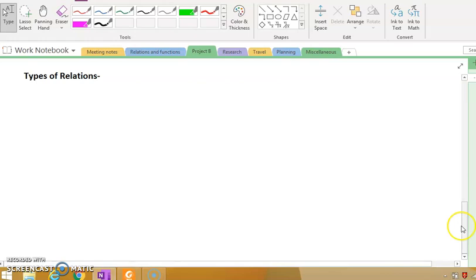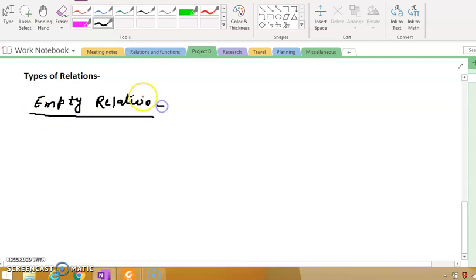First of all, the empty relation. Generally, I'm not writing the definition. I'm just taking an example just to make you understand.